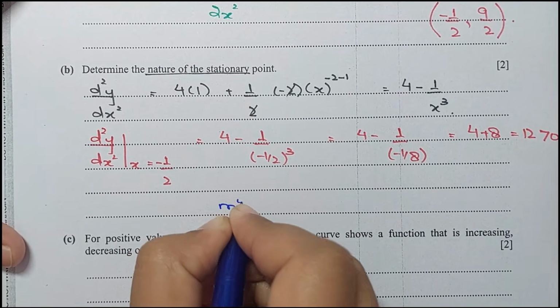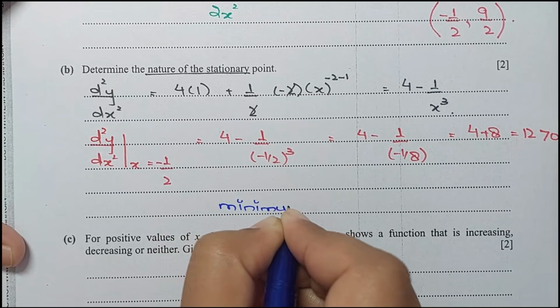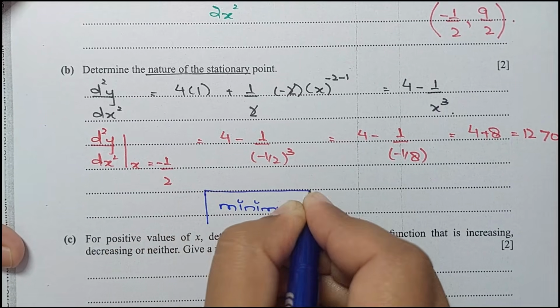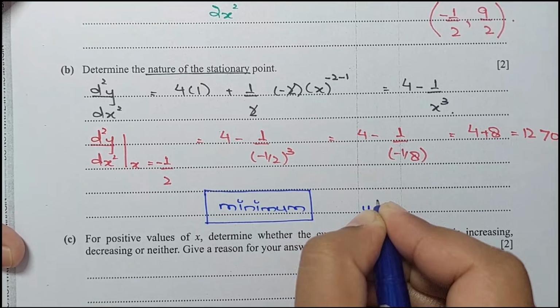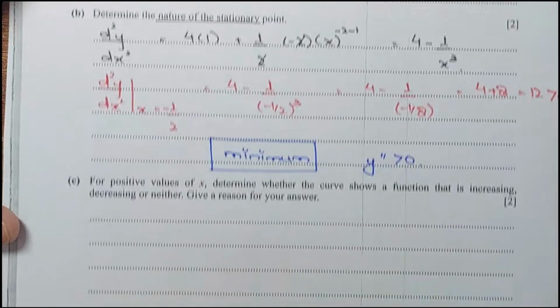Why is it a minimum? Because its second derivative, y double prime, is greater than 0.